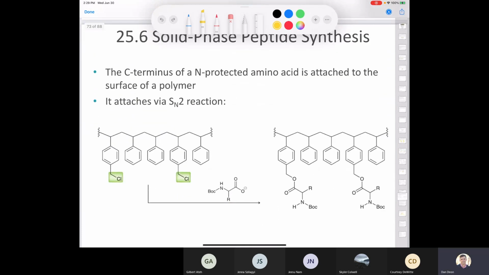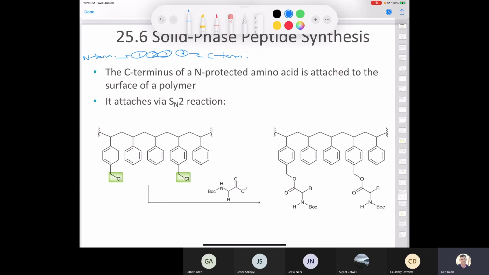You start with the C terminus. So you actually work backwards. Let's say you've got residues 1, 2, 3, 4. I don't know what they are. But again, this is your C terminus, and this is your N terminus over there.